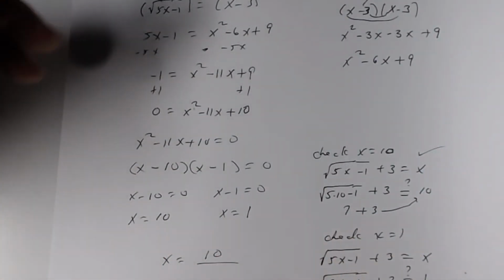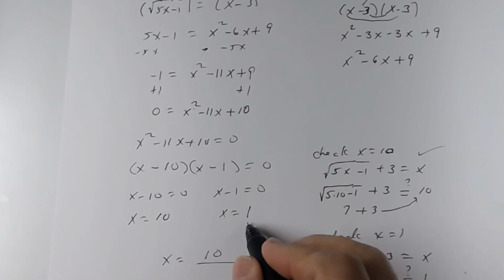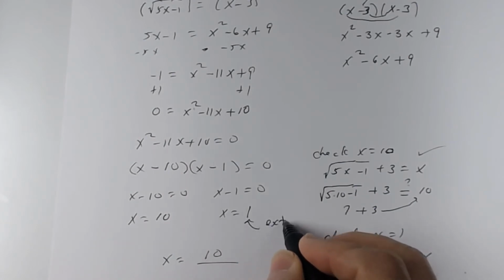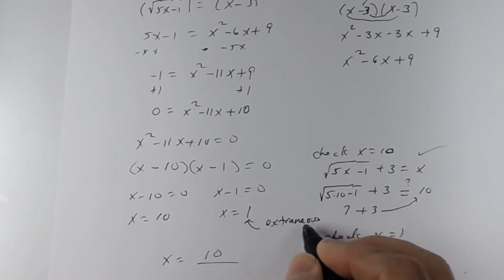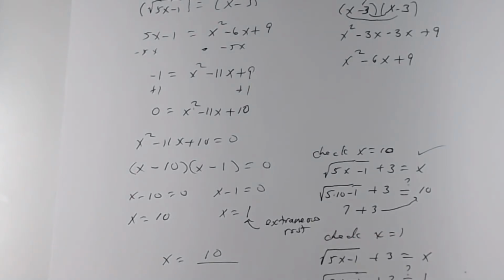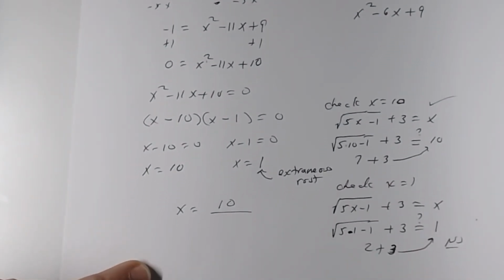That's why you need to check your solutions. So this is called an extraneous root. So the only solution is which one? 10. The only solution is 10.